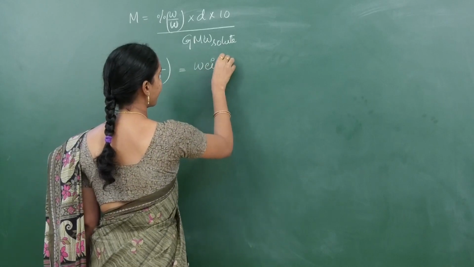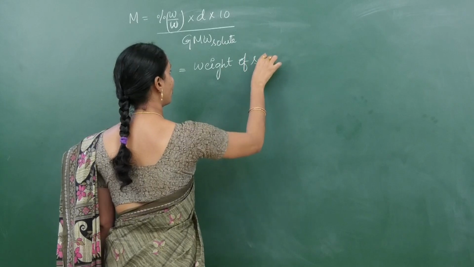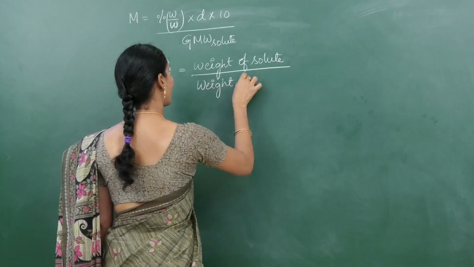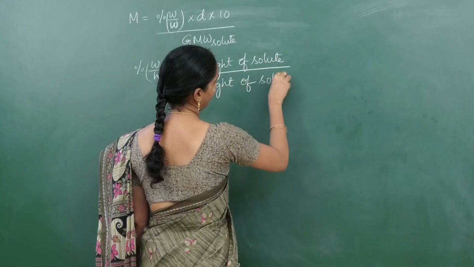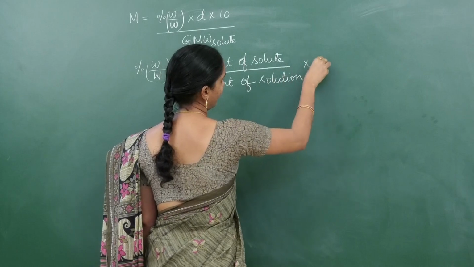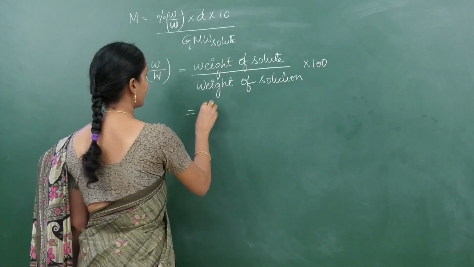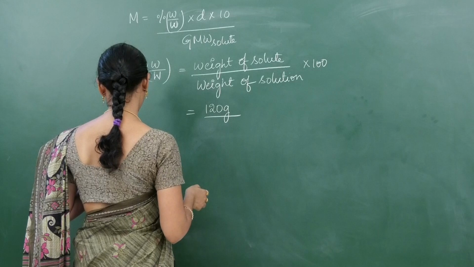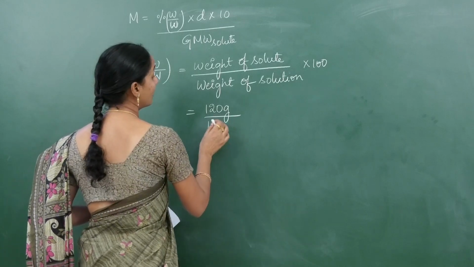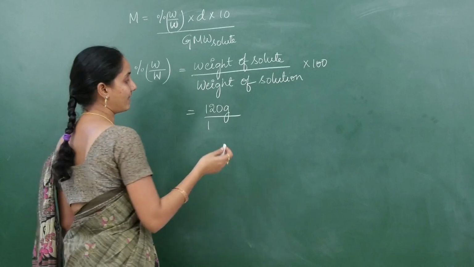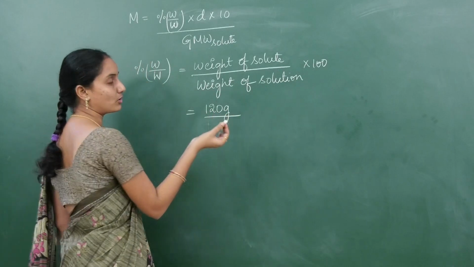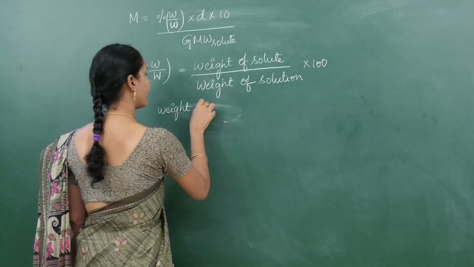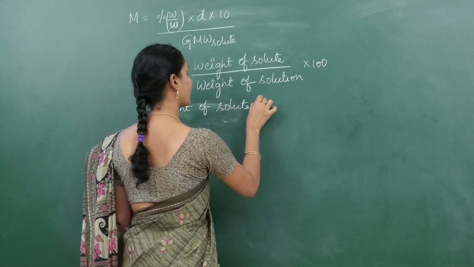So what is the formula for percentage weight by weight? Weight of the solute by weight of solution into 100, children. Weight of the solute is given as 120. Weight of the solution was not given, solvent it is given. So weight of the solution is equal to solute plus solvent. Weight of solute is equal to 120.